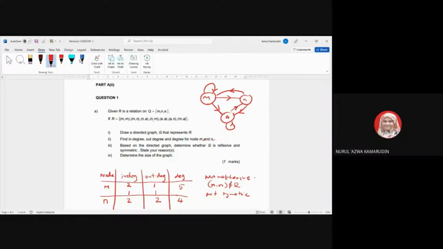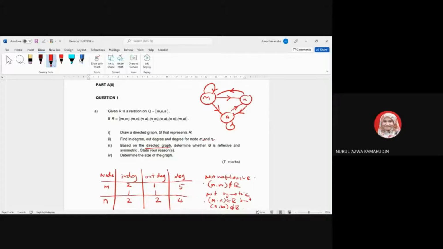Kalau ikutkan yang ni reason dia MA is in R but AM tu yang terbalik dia tak ada kan, not in R. Okay, so kalau you bagi reason macam ni kurang tepat sebabnya this is actually reasoning yang you bagi based on the relation. Sekarang ni dia nak based on the directed graph.